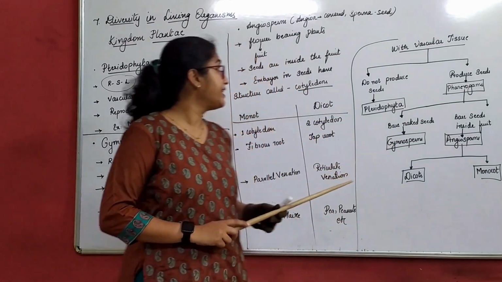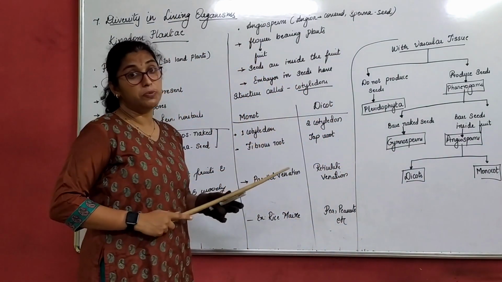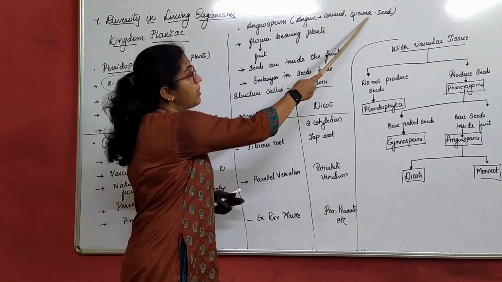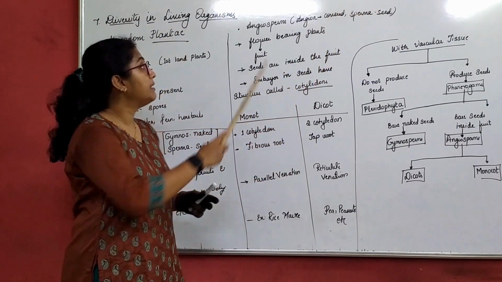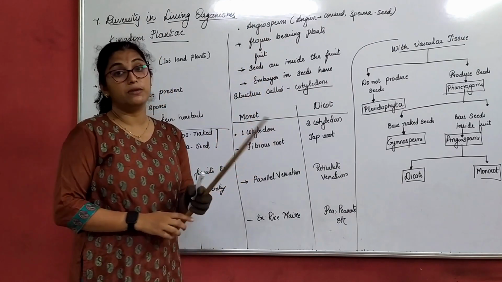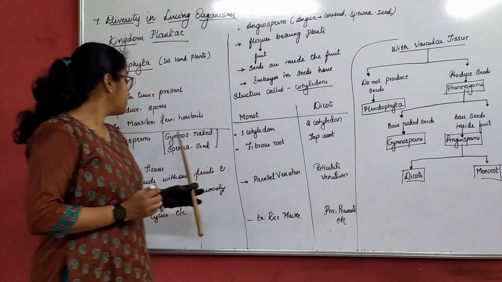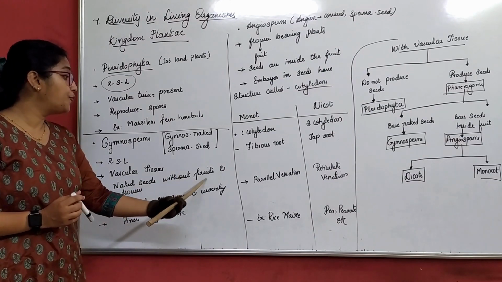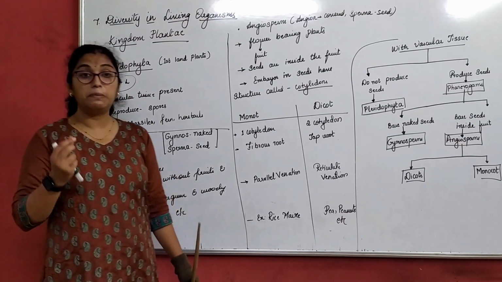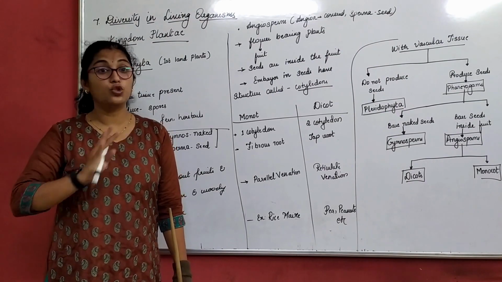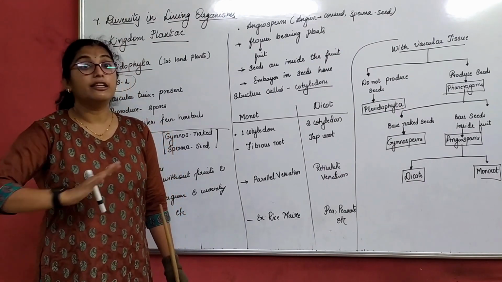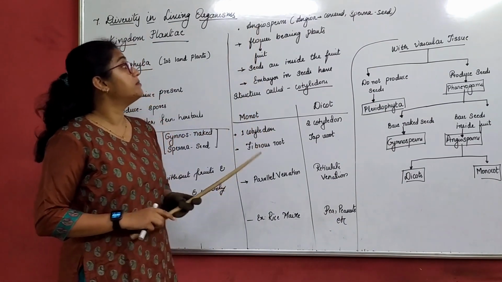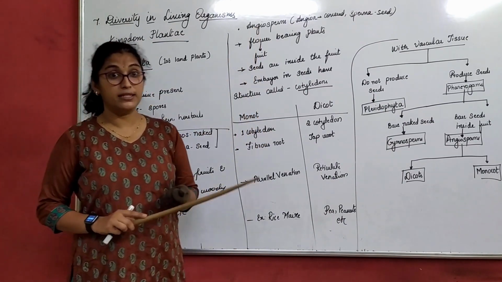Now we'll move on to the next one, angiosperms. The word angion means covered, sperma means seed. So the name given here is angiosperms. In gymnosperms, these are naked seeds without fruits and flowers, right? That means there is only seed. There is no fruit and no flower. But angiosperms are flower bearing plants, right?